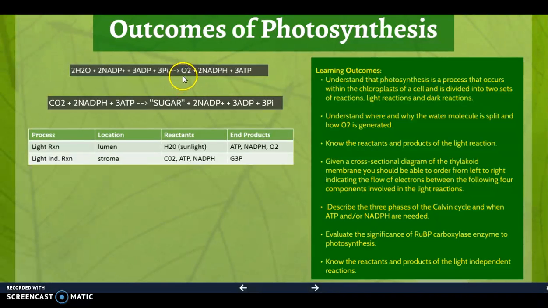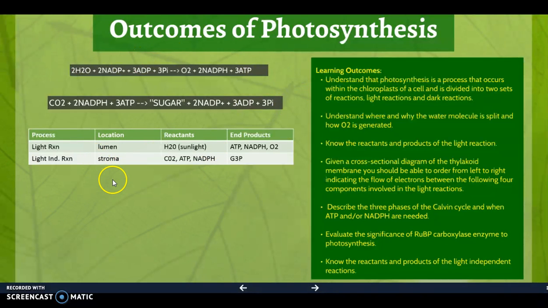Will yield oxygen and NADPH and ATP as our high energy molecules. So that's our light dependent. And then in our light independent, we use those high energy molecules and CO2, and we get sugar and NADP plus and ADP to go back into the process.